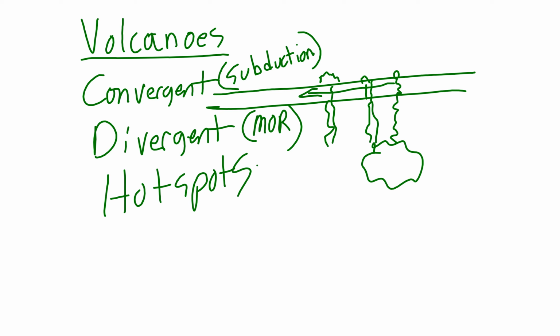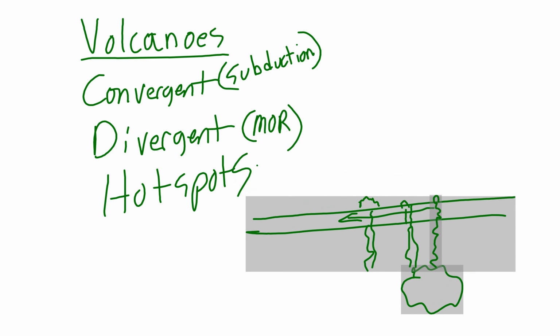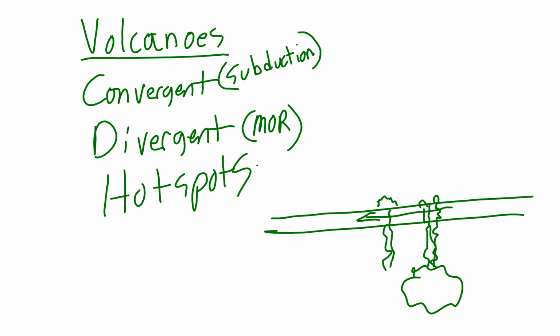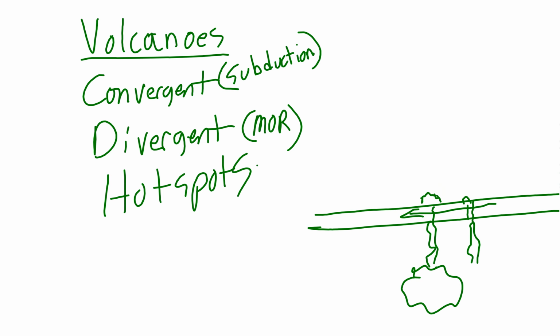Now, a hotspot: you have a magma chamber down here, and the magma chamber is heating up and bubbling, and some of the lava oozes up to the oceanic plate or continental plate, and it forms a volcano.